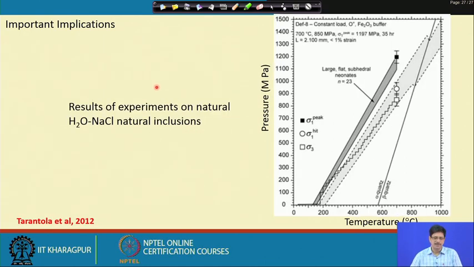So, as compared to the just described situation in which the experiments were done on natural aqueous carbonic inclusions, similar types of experiments were also conducted by the same authors on pure aqueous inclusions or H2O-NaCl inclusions. And what insight we can get, the situation is more or less the same.